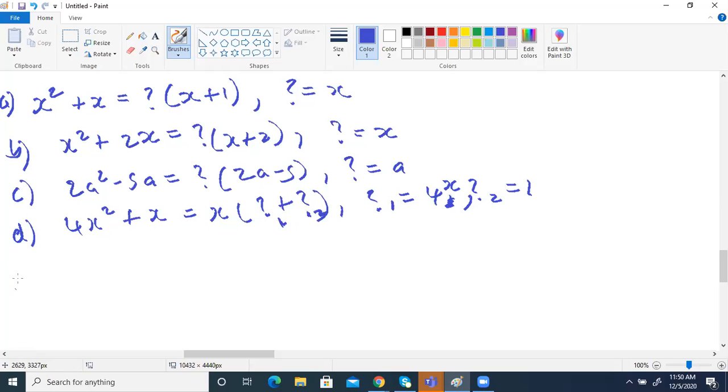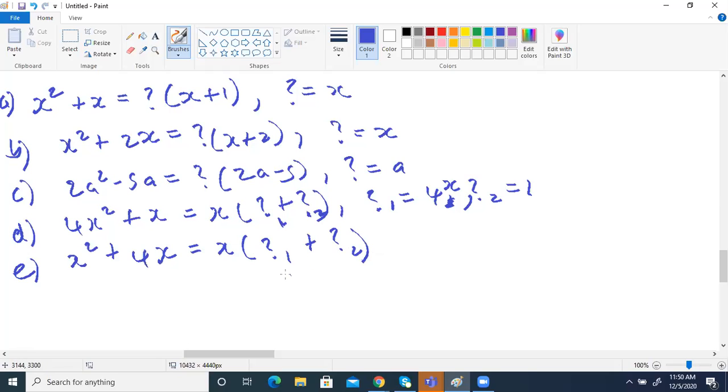All right, so E. E has x squared plus 4x, and they have x question sign 1, question sign 2.